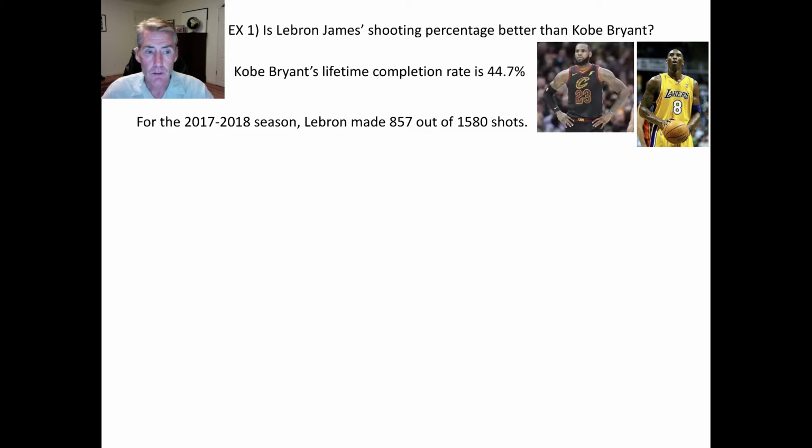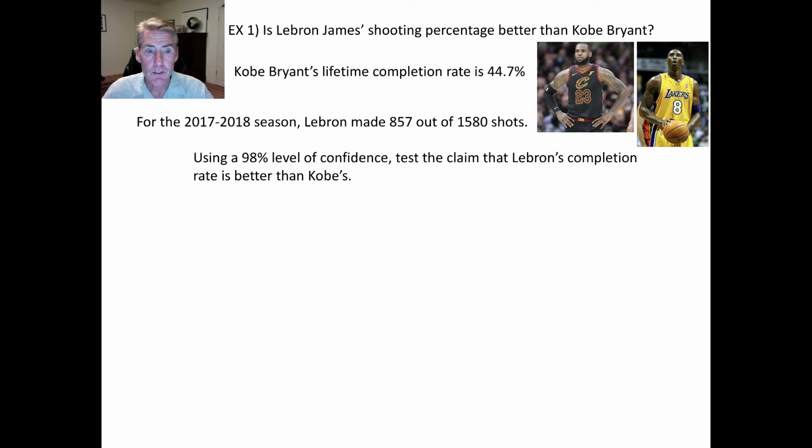For the 2017-2018 season, he was with the Cleveland Cavaliers, and he made 857 out of 1,580 shots. I was pretty amazed when I looked that up. 1,580 shots. That's a lot. So anyway, use the 98% confidence level and test the claim that LeBron's completion rate is actually better than Kobe Bryant.